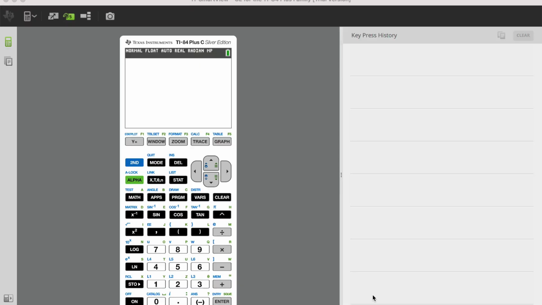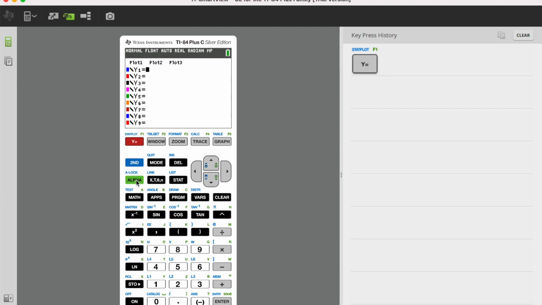How to solve the equation y cubed plus 0.1y minus 7.99 equals 0 using a graphing calculator. This is the TI-84 Plus C Silver Edition. Okay, so first you're going to hit y equals. We're going to just change it to a function of x just for the sake of solving quickly.